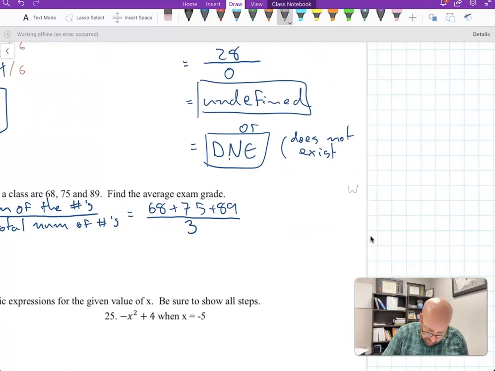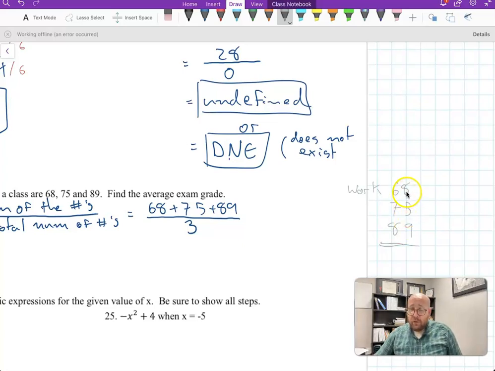Let's do some work. 68 plus 75 plus an 89. 8 plus 5 is 13. 13 plus 9 is 22. Carry the 2. 6 plus 2 is 8, plus 7 is 15, plus 8 is 23.